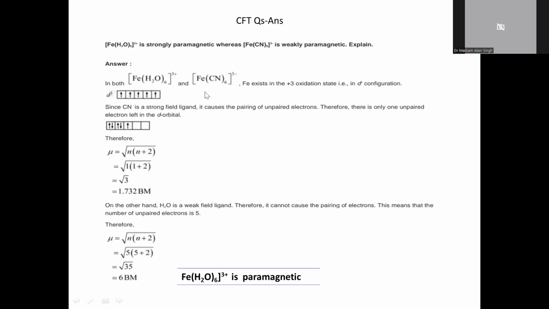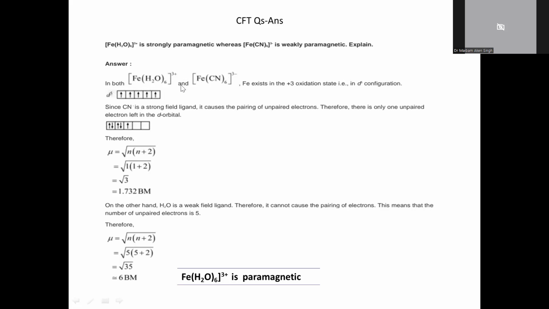In the hybridization case, listen carefully: d2sp3 hybridized and sp3d2. In d2sp3 the d orbital is (n-1)d, which is the inner orbital complex, and in sp3d2 the d orbital is nd, which is the outer orbital complex.